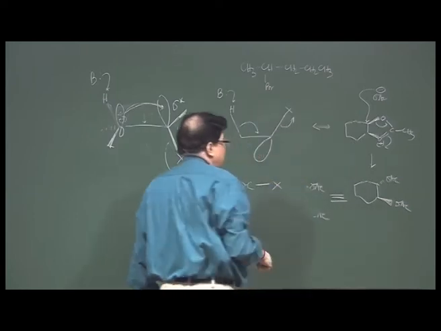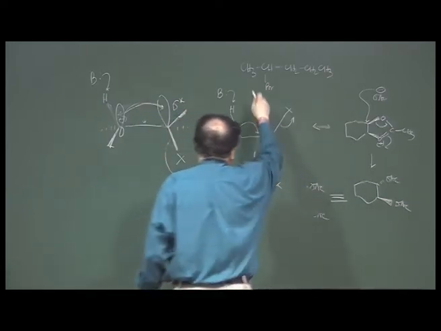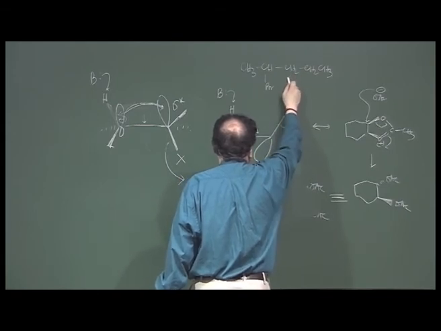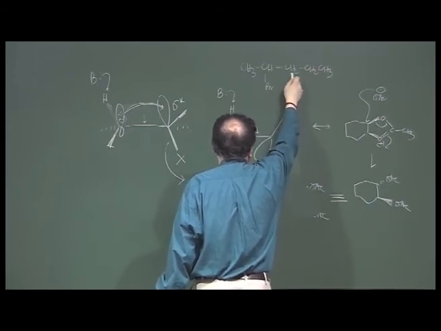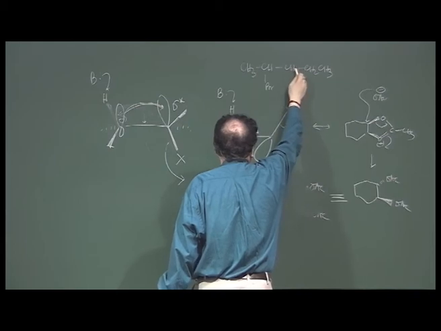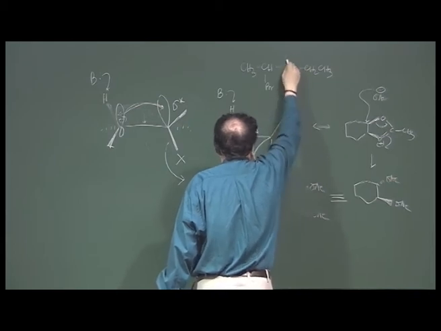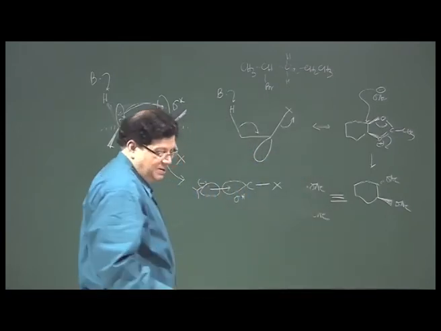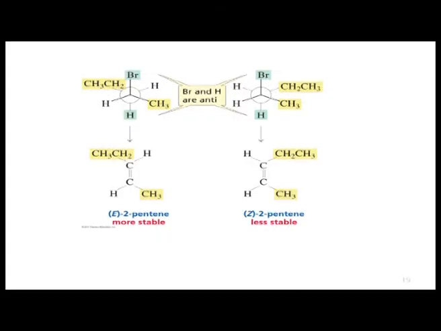So, if it undergoes elimination, there are two types of elimination possible, but let us consider the Saytzeff elimination, that is the more substituted double bond. So, one of these two hydrogens will be eliminated, but while doing so you are creating a cis and trans double bond. Okay.